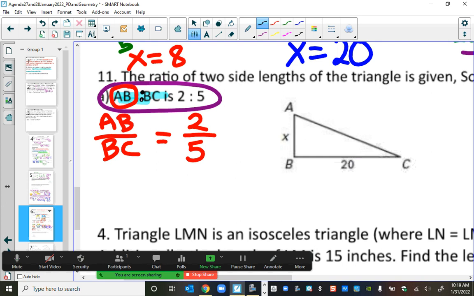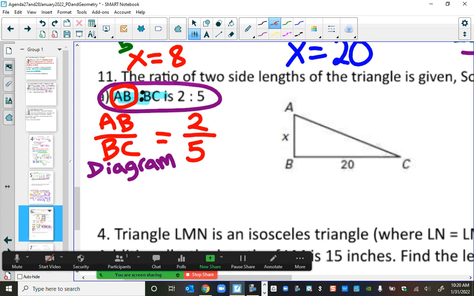Now, once you get that part, look at our diagram. Use your diagram to fill in AB and BC. If we look at our diagram, what side is represented by AB? What value or variable? Use the diagram. For this part, it's X. That's how we're going to go to the next step.